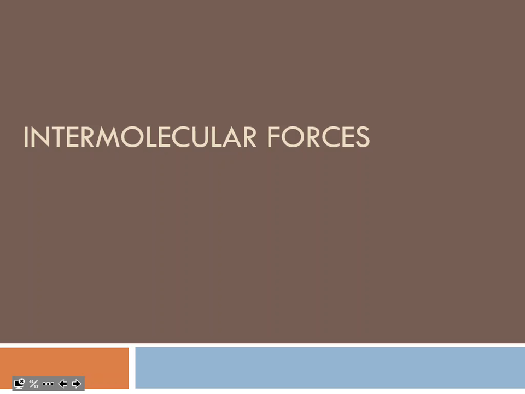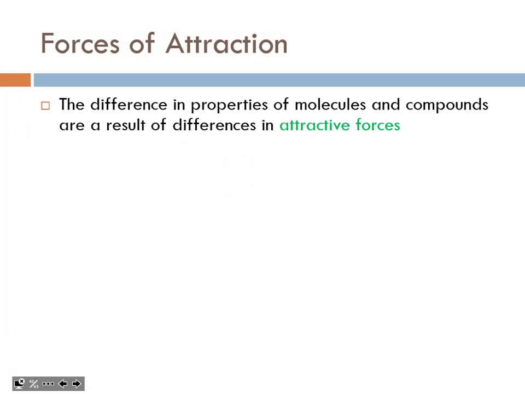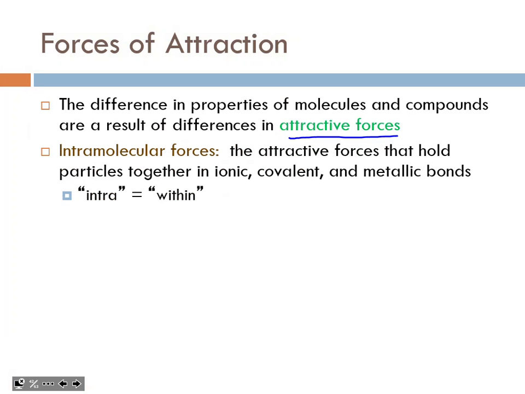All righty. Now, intermolecular forces, the fun review of those. The difference in properties of molecules and compounds are a result of these attractive forces. The attractive forces that hold atoms together in ionic and covalent bonds are called intramolecular forces.